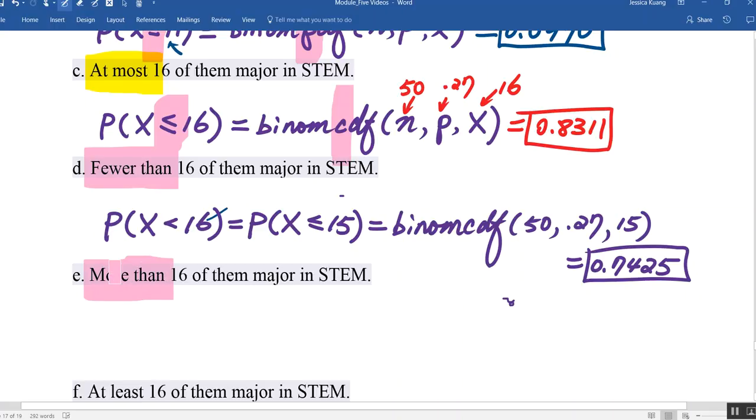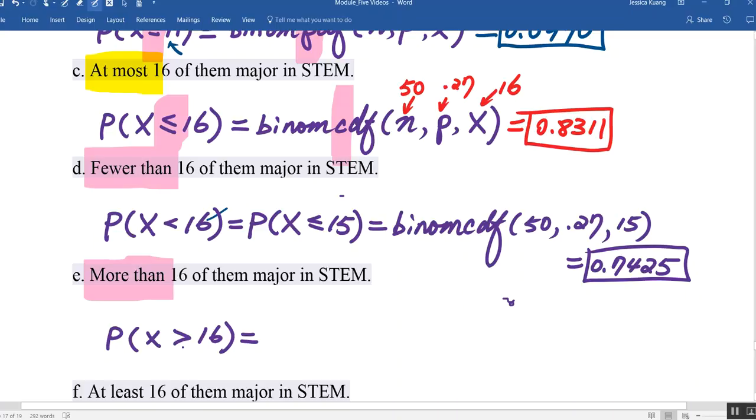In this case, we would like to calculate the probability of x strictly greater than 16. Now, I could use binom CDF if and only if I have less than or equal to, and here I have strictly greater than.